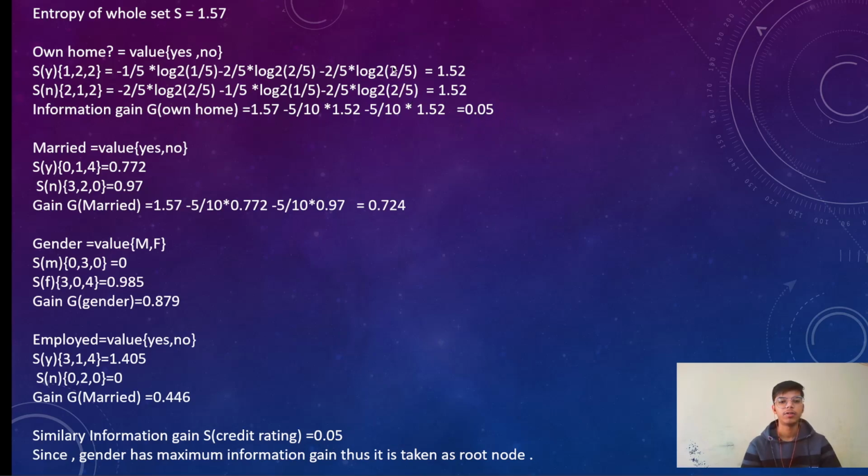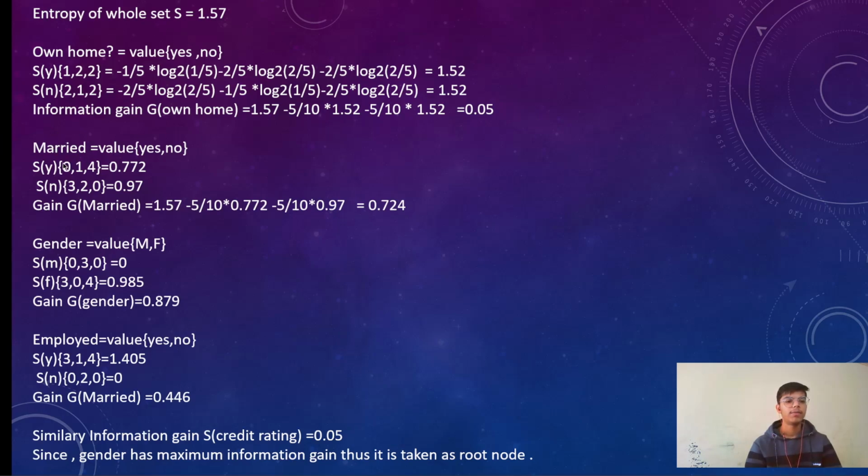You can see that I have also mentioned the formula here, so you can reference these formulas to calculate the values. In the further calculations, I have not mentioned these formulas, but have directly written their computed results. So we have got the information gain of own home.